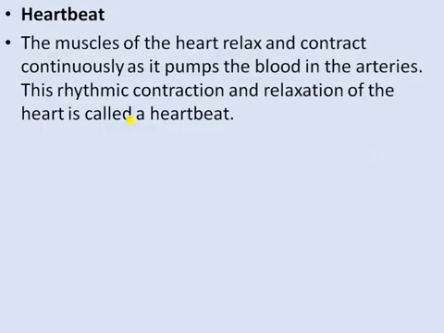So when it contracts, it throws the blood out of the heart into the aorta with force, and when it relaxes, it gets filled with blood again. So this cycle continues again and again, and doesn't stop. Okay, the contraction and the relaxation of the heart is called heartbeat.